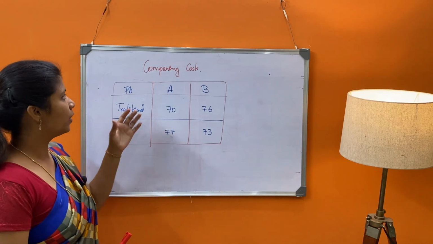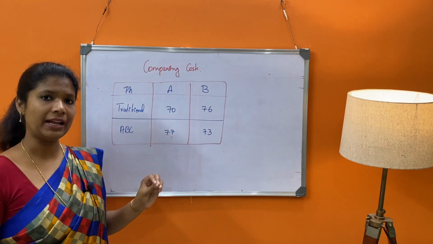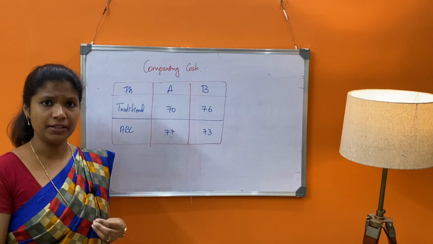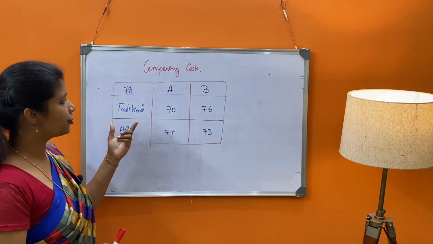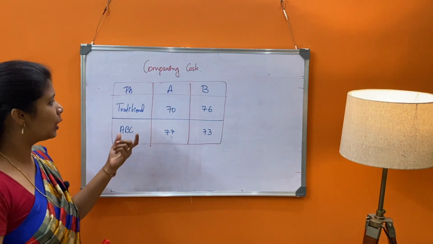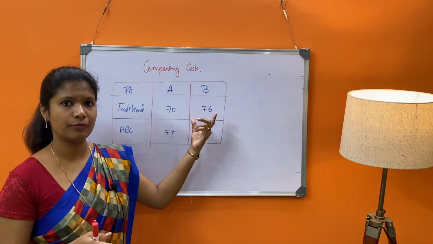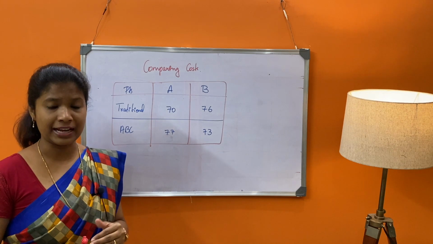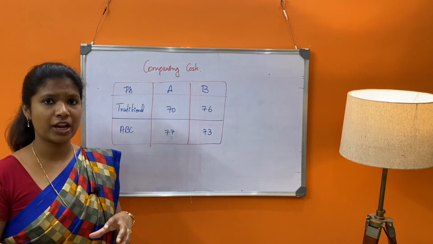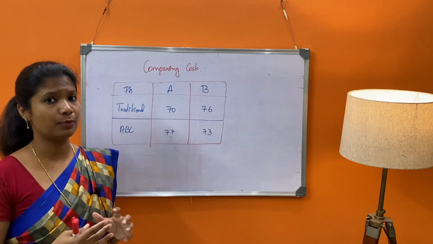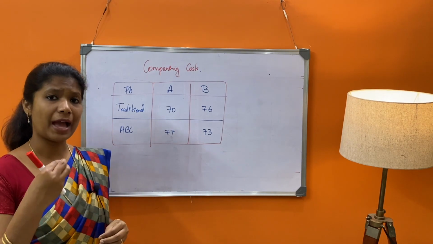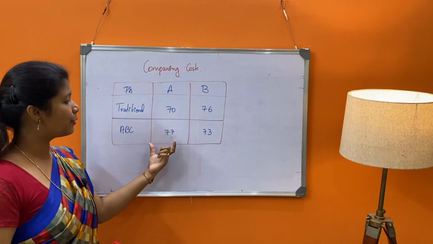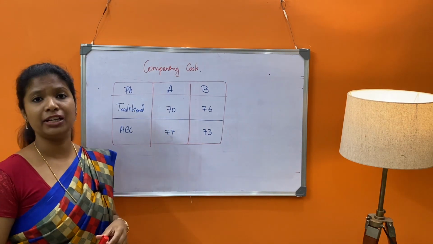So what we are doing here is comparing costs. Since we are beginning with ABC costing, let's see how differently the cost is affected with ABC and traditional. Under traditional, the cost per unit of A was 70 rupees and for product B it is 76 rupees. But when we looked into the details of the production process, the overhead, the activities, the cost drivers, how much product A consumed, how much product B consumed, and then allocated the cost accordingly, A came up to 77 rupees and B came up to 73 rupees.